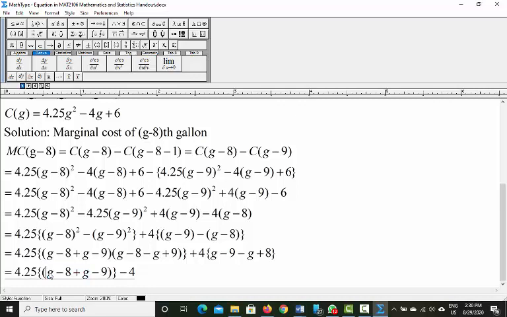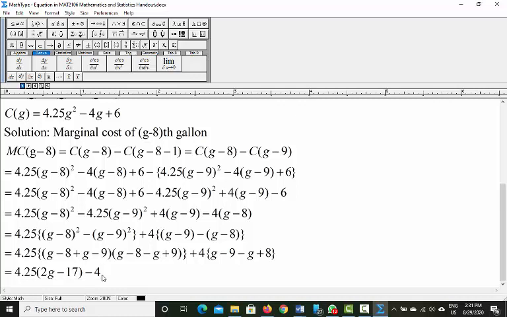So 2g minus 17, that's what we will get.